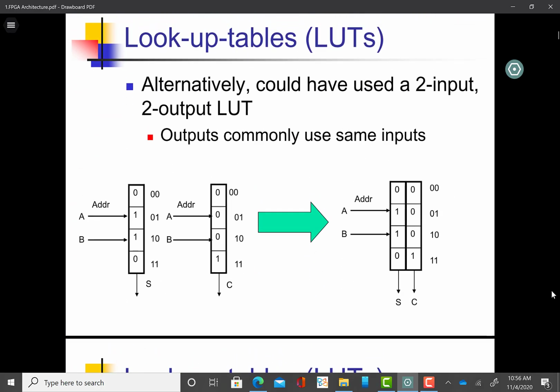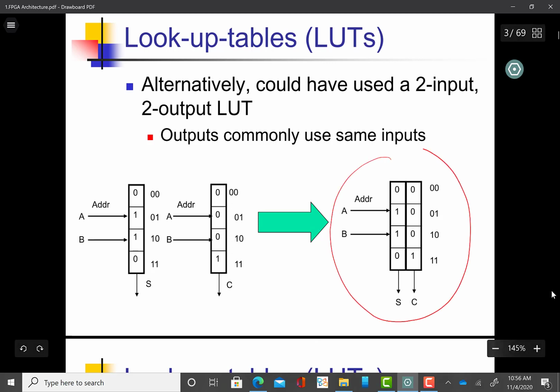So again, this is the repetition of it, but sometimes we can do interesting things, like for example, in the previous slide we used 2 outputs. Sometimes we can combine the 2 lookup tables into one. For example, this can be a single lookup table which has 2 inputs and 2 outputs.